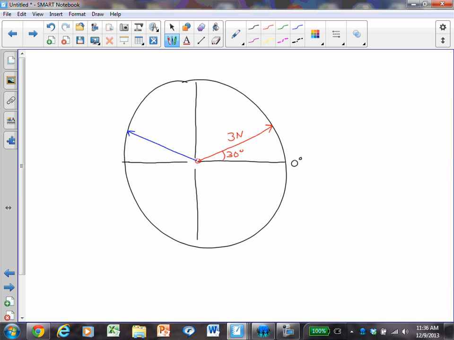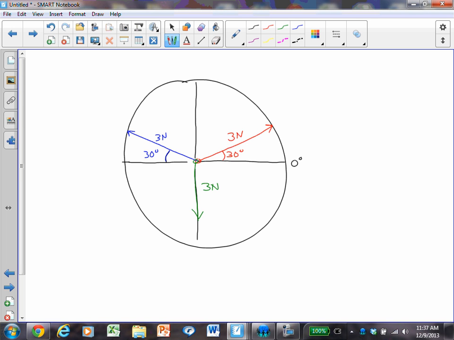This was another 30 degrees over here, 3 newtons. And then a downward force of 3 newtons, just for argument.